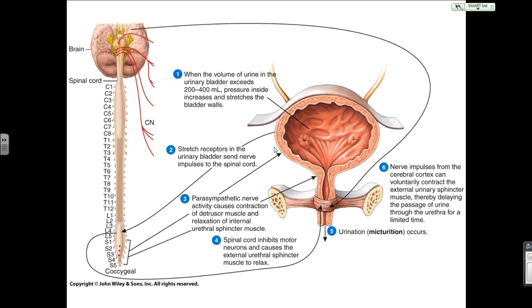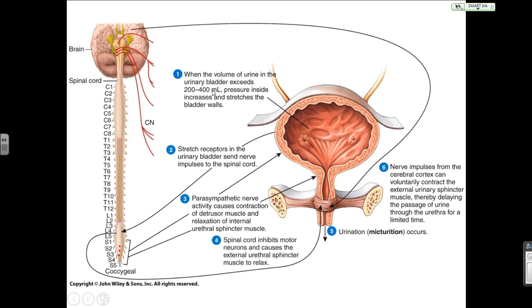There are stretch receptors found within the wall of the bladder, kind of like how we saw stretch receptors were found in the stomach, for example.